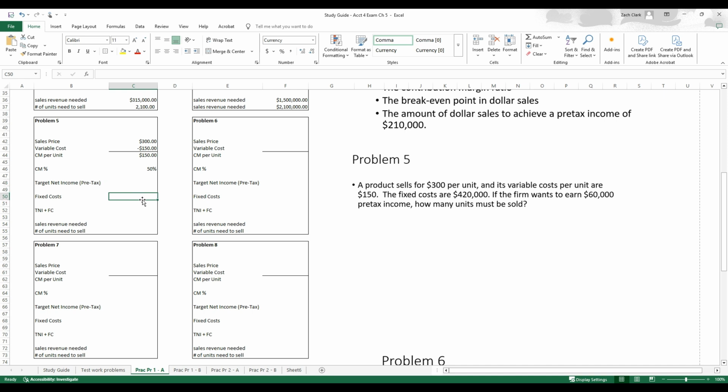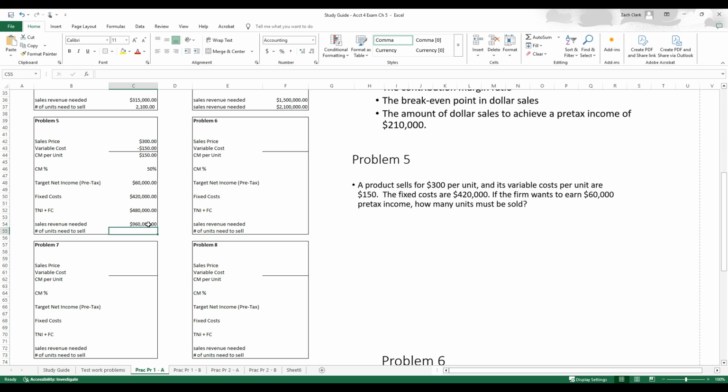We see our fixed costs are 420,000 and our target net income is 60,000, so let's add those together. And then the sales revenue we would need, and it doesn't ask us this specifically, but let's do it for the heck of it, we take our fixed costs plus target net income divided by our contribution margin percentage.